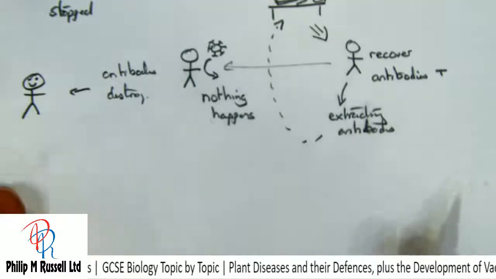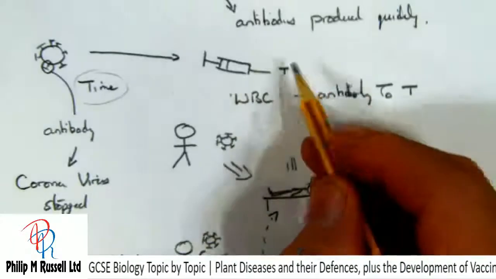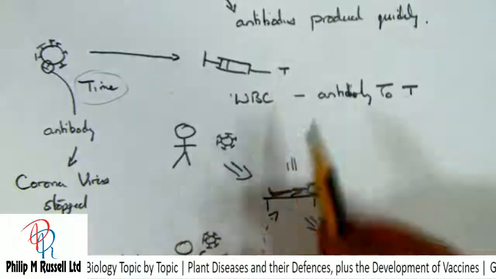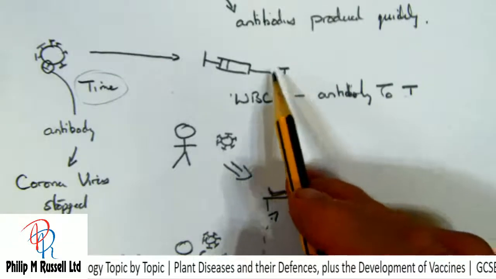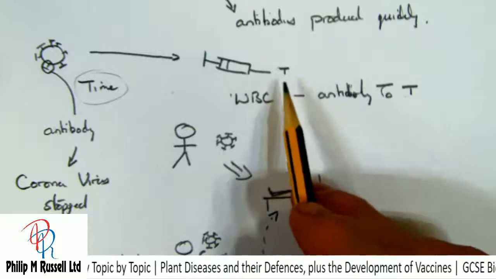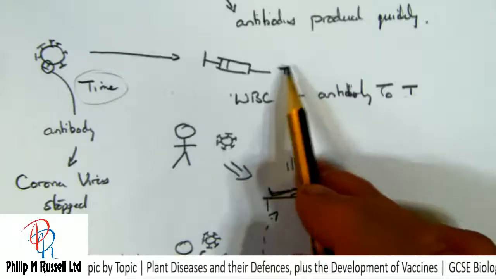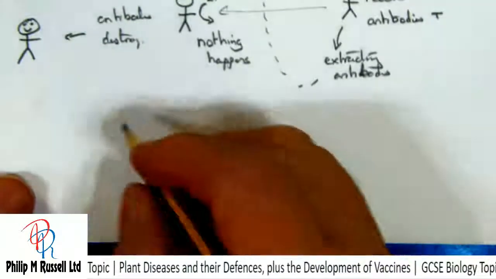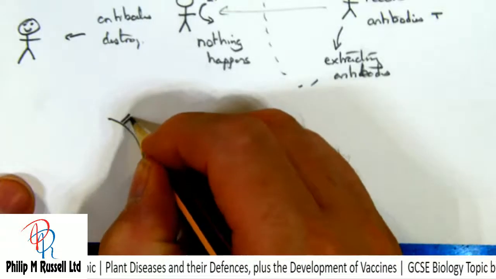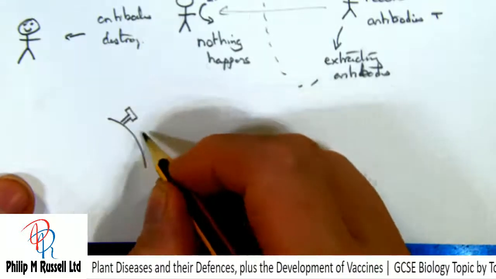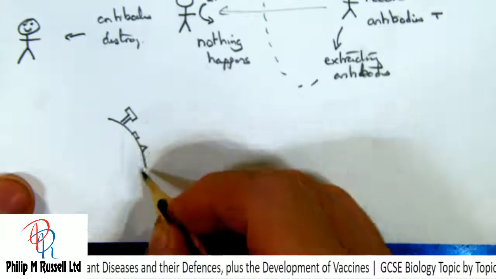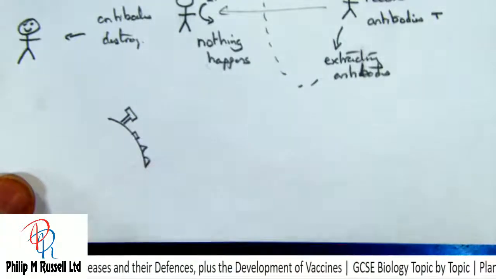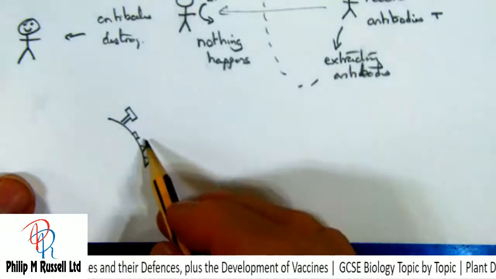So they are trying to extract this bit of the virus. They are trying to get these things here, trying to develop a suitable antibody. If we look at one of these coronaviruses, it has on its surface perhaps several different proteins, various different things to identify it.